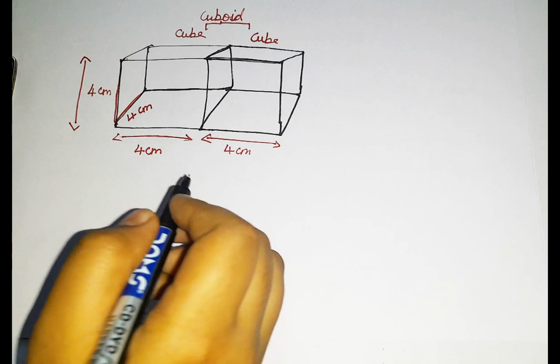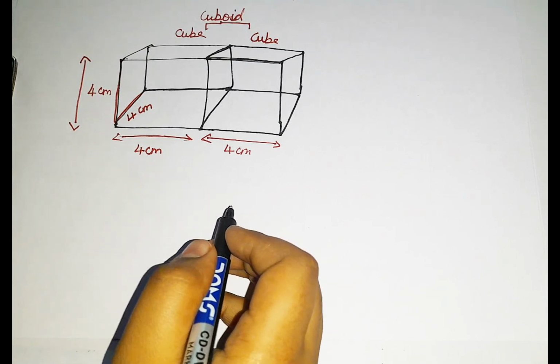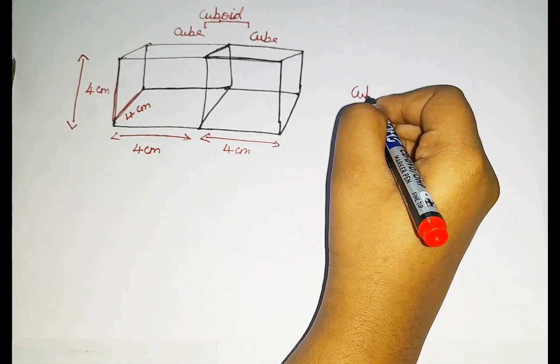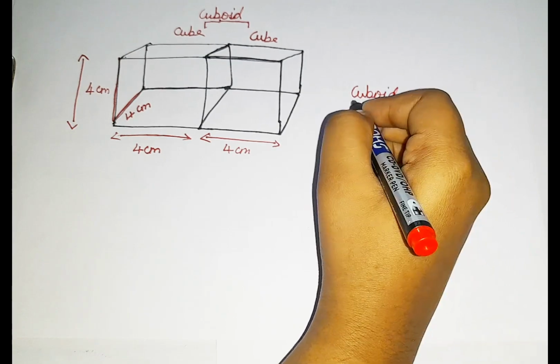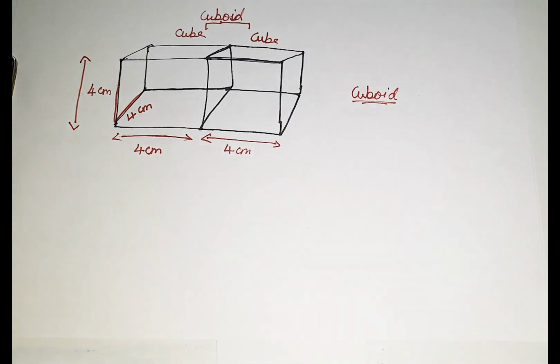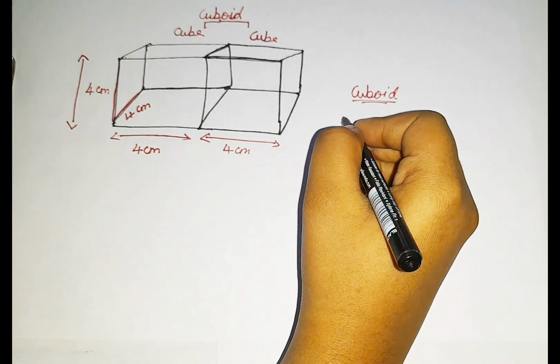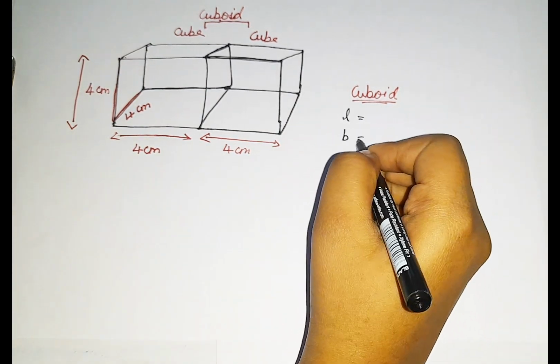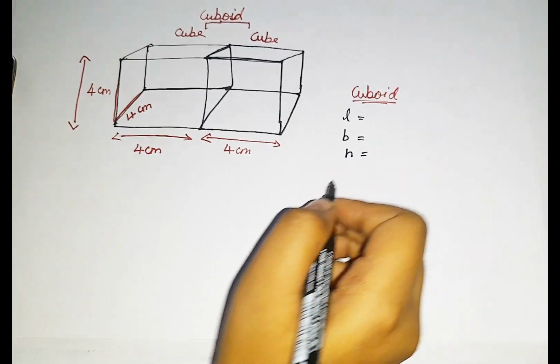Now we are supposed to find the measurements for the cuboid. Why? Because we are supposed to find the surface area of the cuboid. So what are the measurements for a cuboid? For a cuboid, we need length, breadth, and height. These are the things we need.